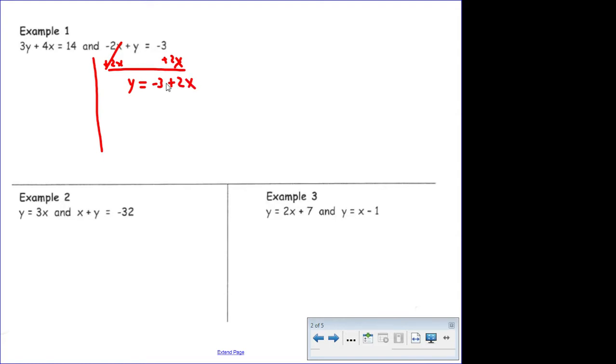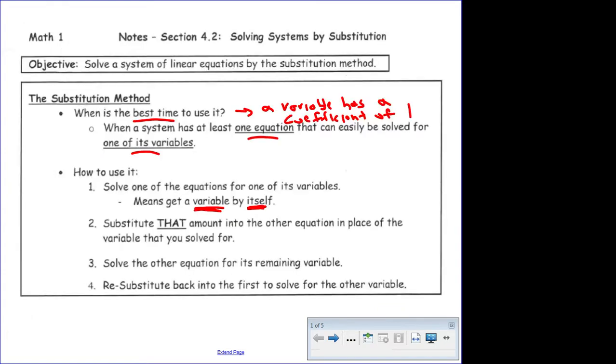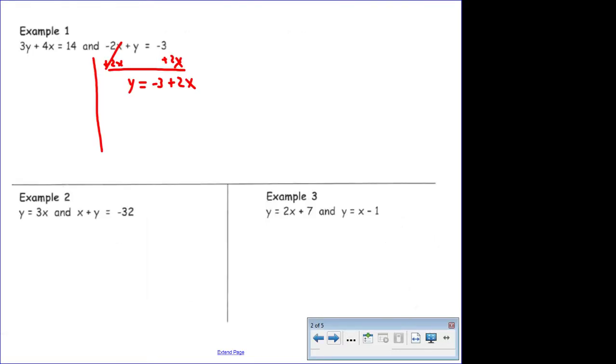All right, step 1 is get a variable by itself. Step 2 is to substitute that amount into the other equation. Watch this. This is why they call it substitution. Here's what y is equal to: -3 plus 2x. Take that and substitute it into the other equation in place of the y.